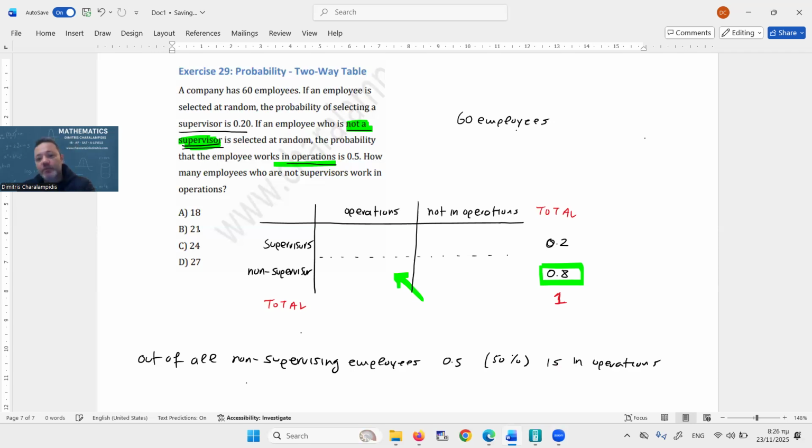So if it's 50%, here we would get 0.4, 40% of the entire company. But 40% of the entire company means 40% of 60 employees, which is equal to 24. And this means that the right answer for this question would be C.